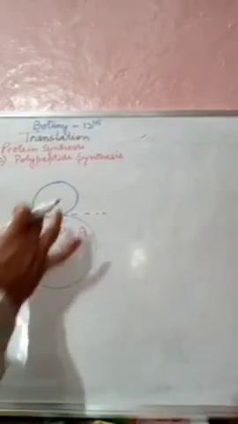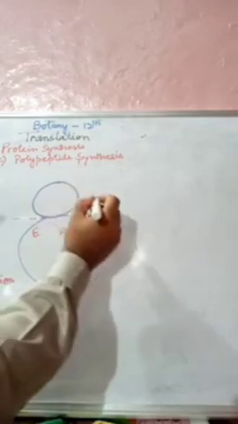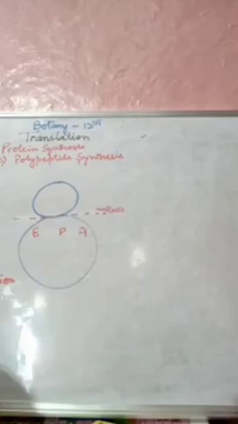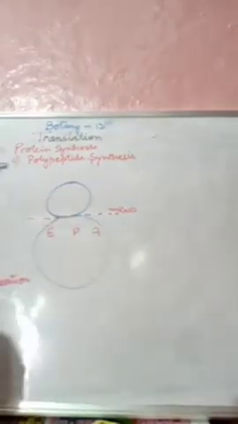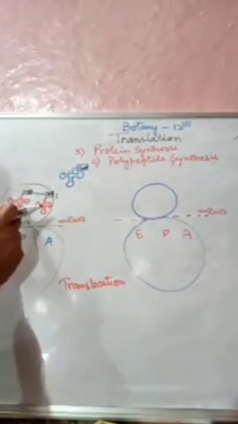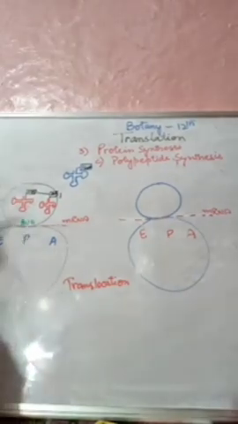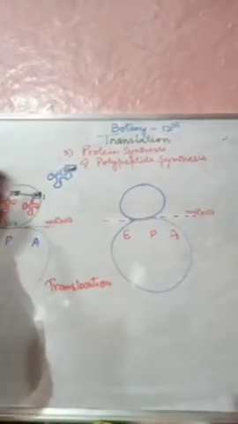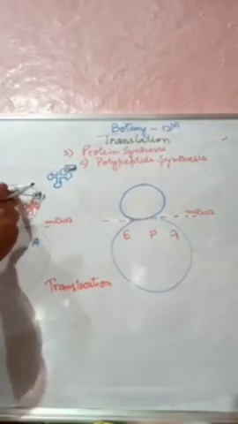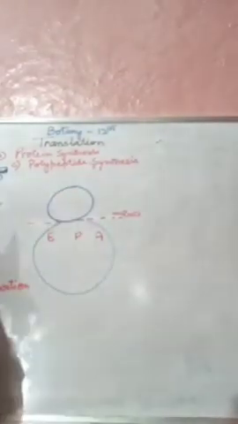Now we'll draw another diagram. This is the mRNA. This is the tRNA. When the ribosome has slid, this tRNA has come to the E side, from where it exits. Before this exit, it forms the peptide bond with the first amino acid. Now this comes here.